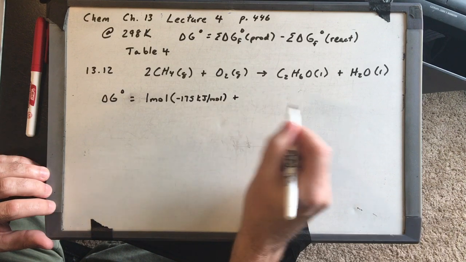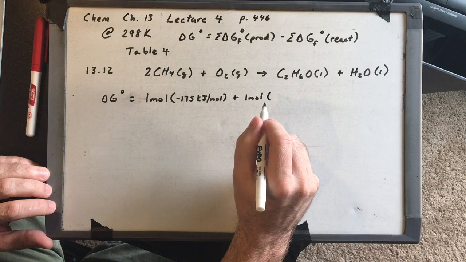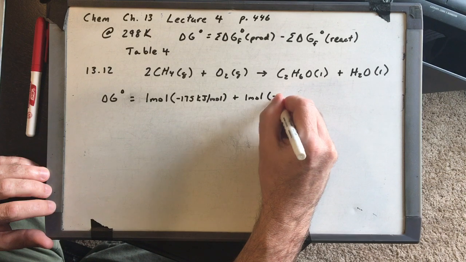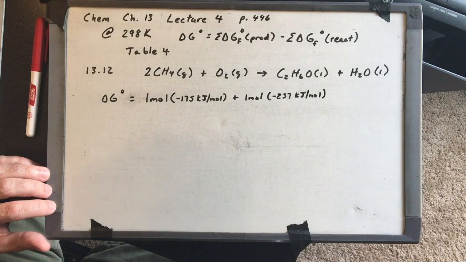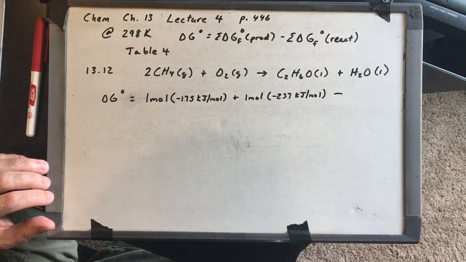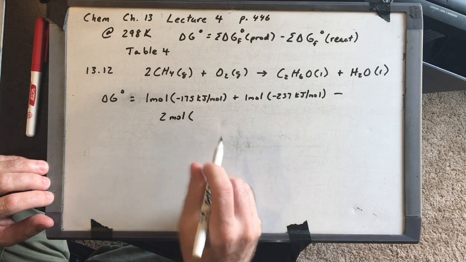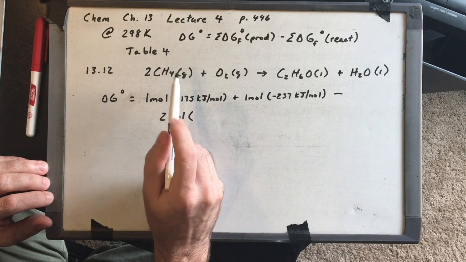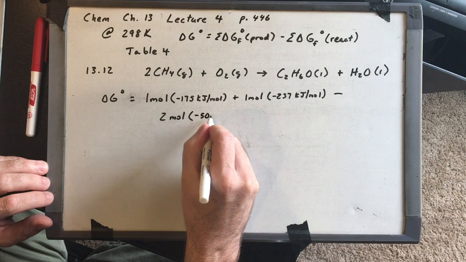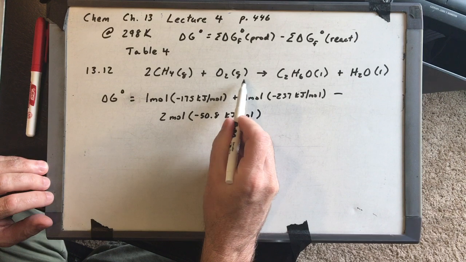We're going to add to that liquid water. We've got 1 mole of that. Liquid water from table 4 is in the second column of substances, negative 237. And then we want to subtract out the reactants. So we have 2 moles of CH4 gas, which is the very first one, at negative 50.8. You'll notice that O2 is not in the table.